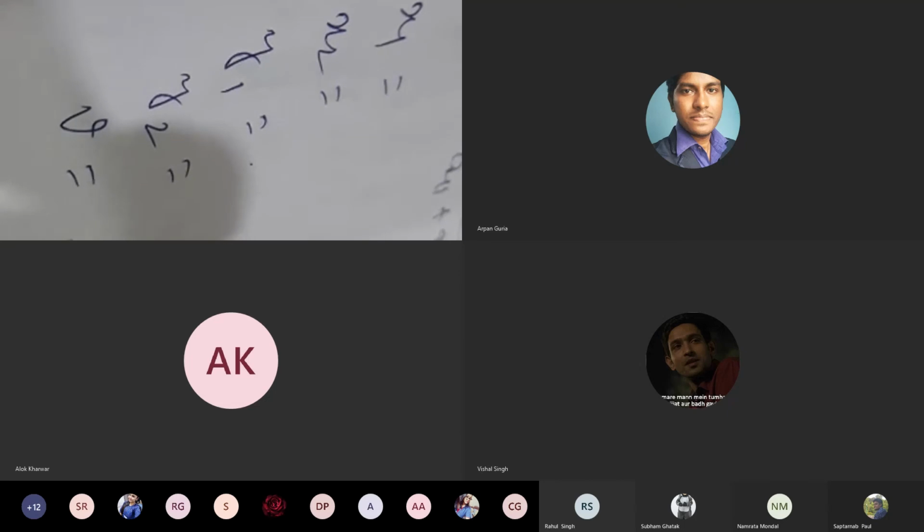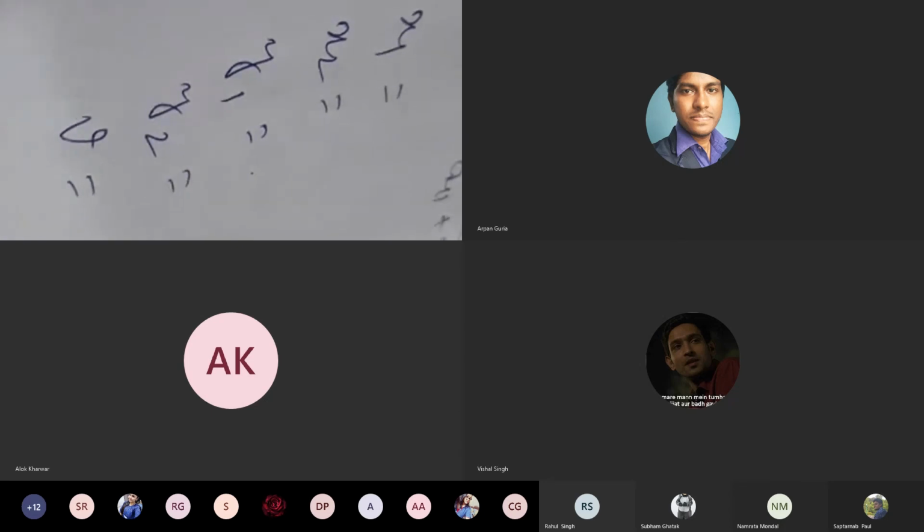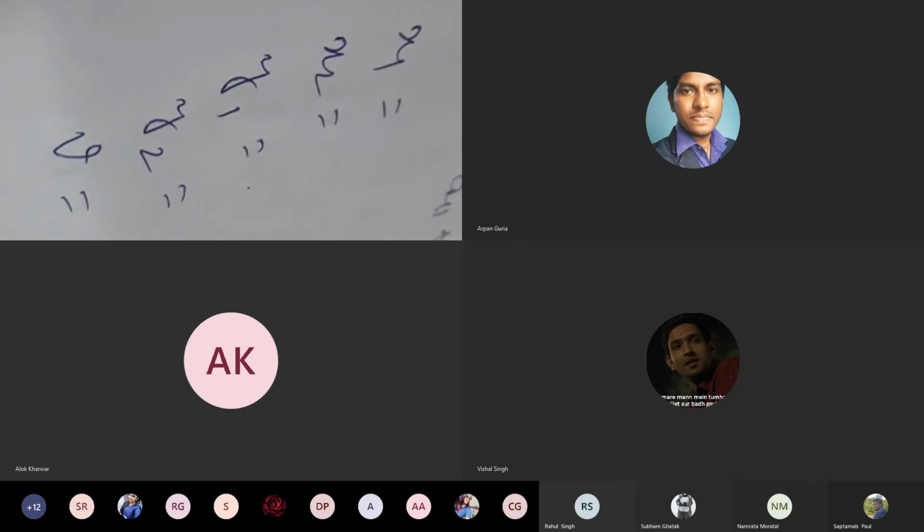So in case of such type of problem where there is no saddle point, meaning the saddle point is not arising by the maximin or minimax principle, you need to apply the mixed strategy. Remember that mixed strategy will be applicable only when the matrix is a 2 by 2 matrix.